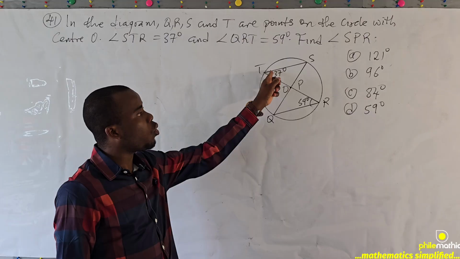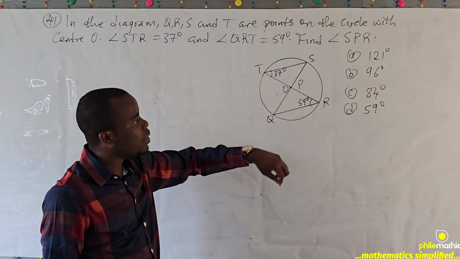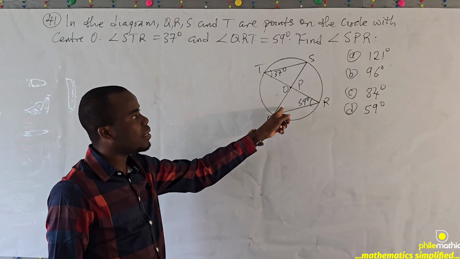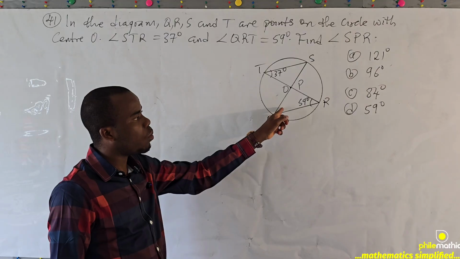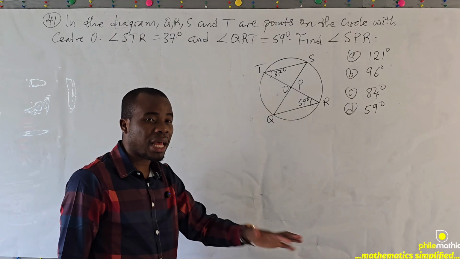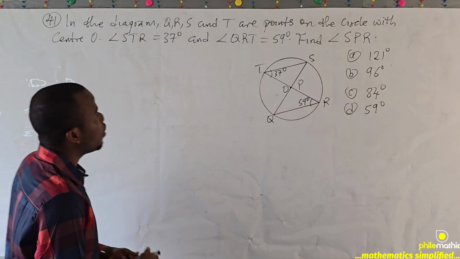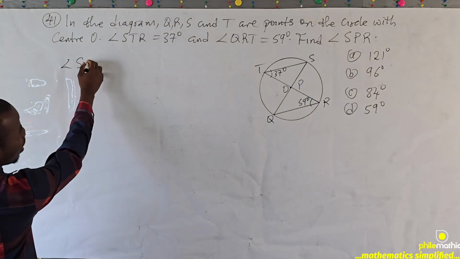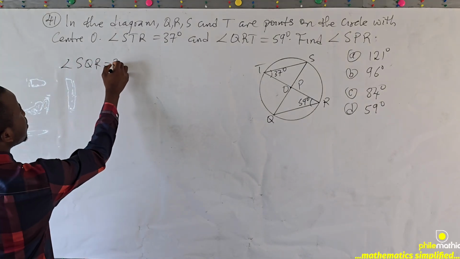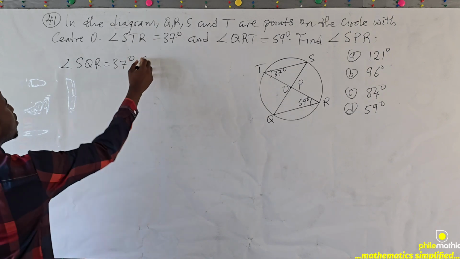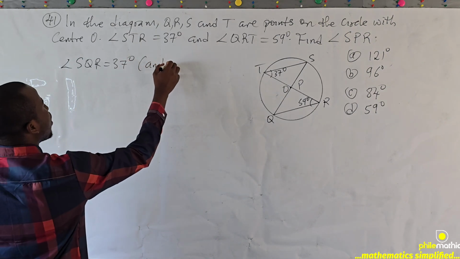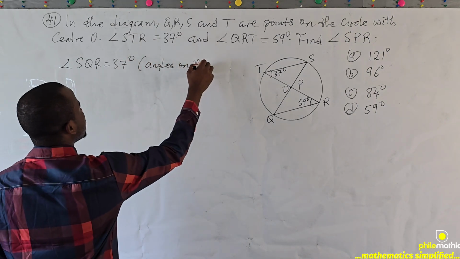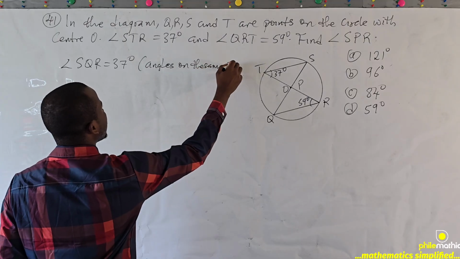So if I know this angle, what can I get from this? I can get this. These two angles are equal because angles on the same base are equal from the circle theory. So angle SQR equals 37 degrees. Angles on the same segment.